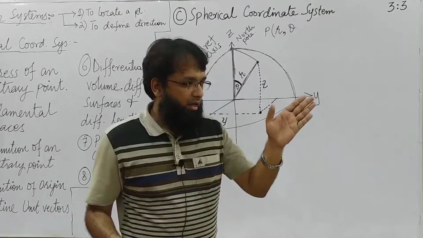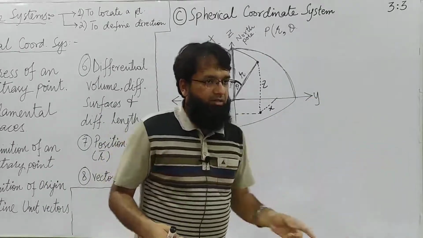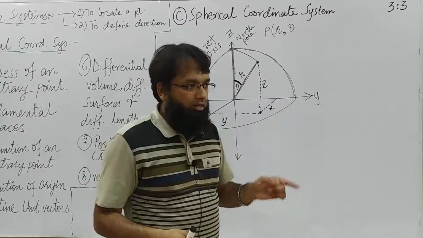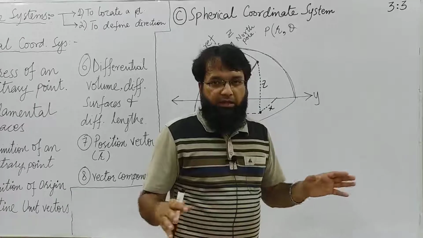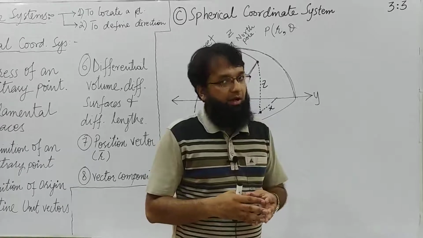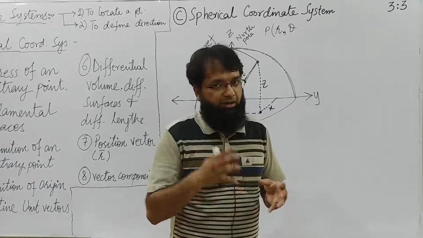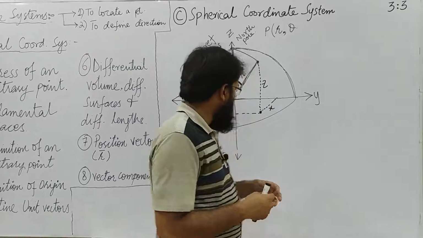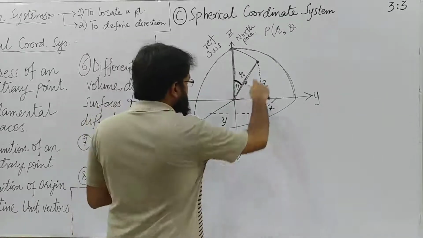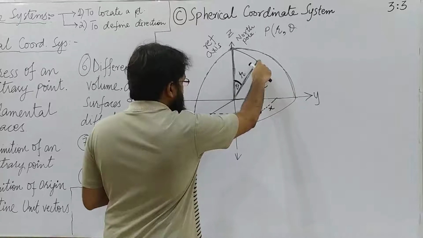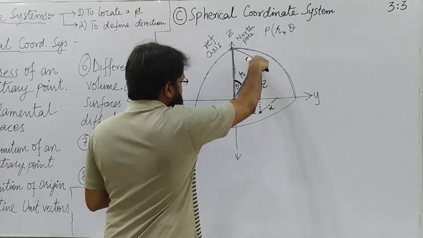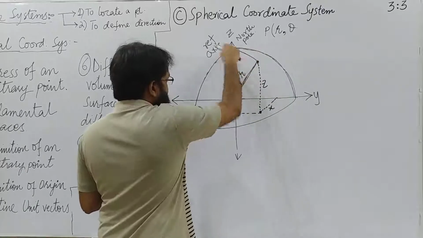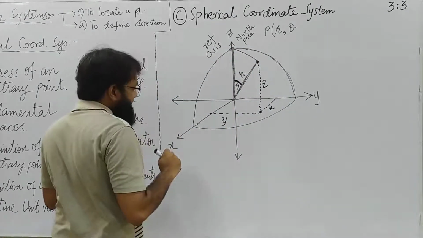If you move in the direction in which the radius of the cylinder increases, or in other words, your distance with respect to the z-axis increases, the other two coordinates phi and z remain the same. So the third coordinate cannot be z, because we have already decided the height of this point in terms of an angle with respect to the z-axis.